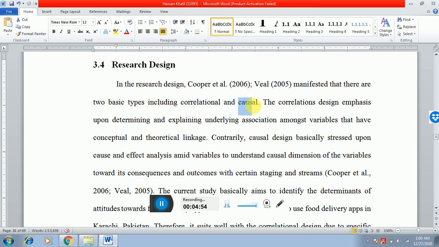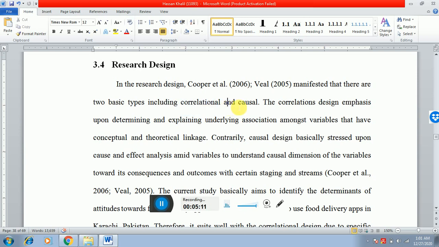And causal researches are those researches such as if you are going to identify the impact of satisfaction on loyalty. So if your hypothesis is like this, satisfaction has a positive relation with loyalty, then your research design should be correlation.